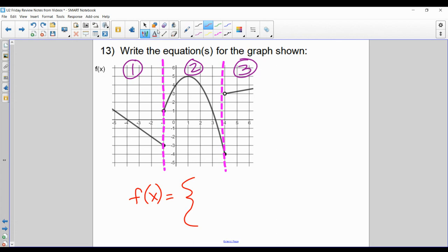If I look at this, my first one, I'm going to have to continue this line to see what's going on. So I can see it's a line that has a y-intercept of -4 and is going down 1, right 1. So the equation of the line is negative x minus 4.